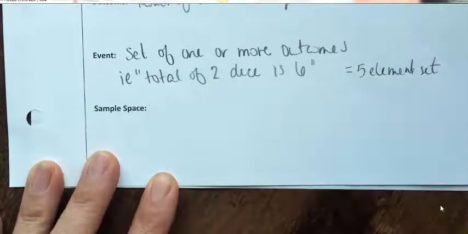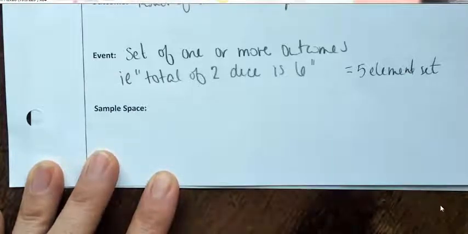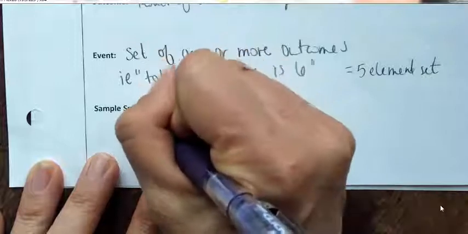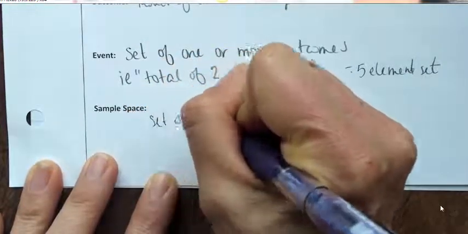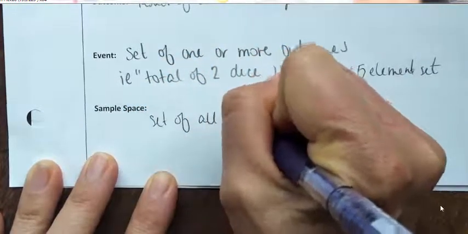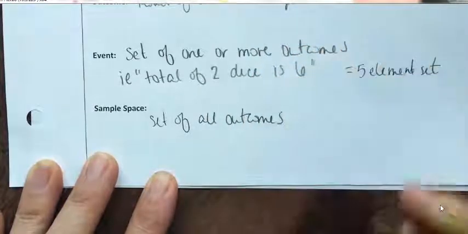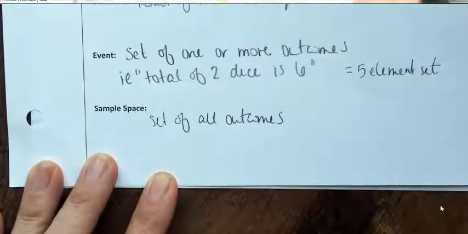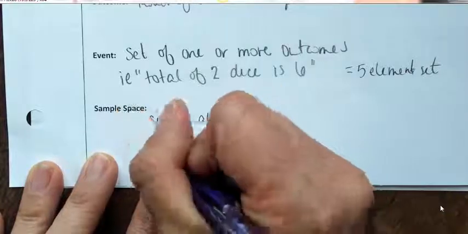And then the sample space is the set of all the possible outcomes. Well, how many total possible outcomes were there in our scenario here? There were 36, right?